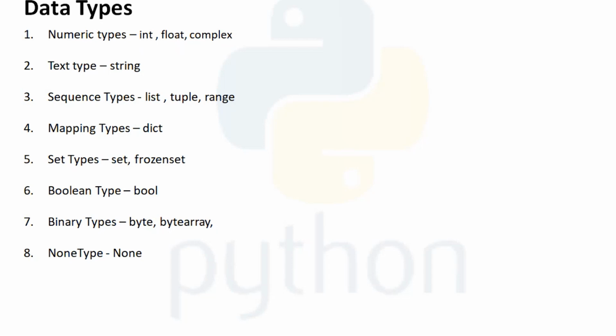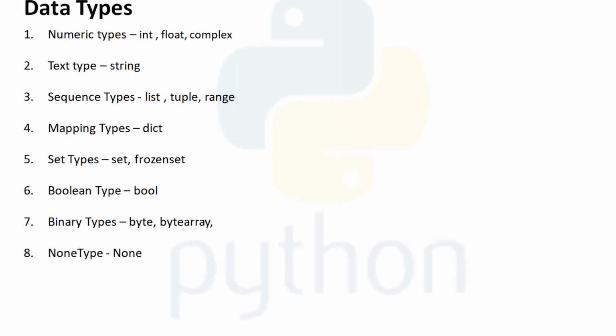And then we have mapping types. Mapping types are nothing but dictionary. It's similar to a traditional dictionary, where we have a word and its meaning. Similarly, in Python, we have key and value pairs. Let's say we have a dictionary of names.